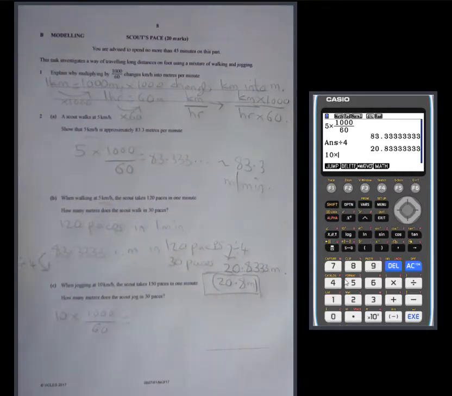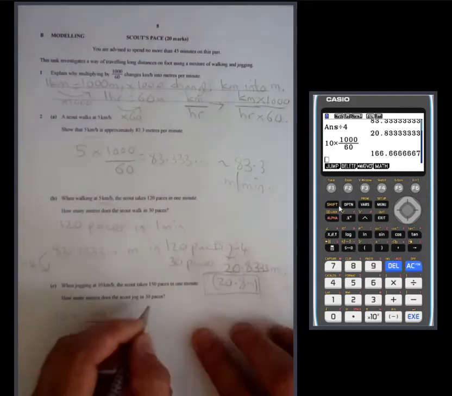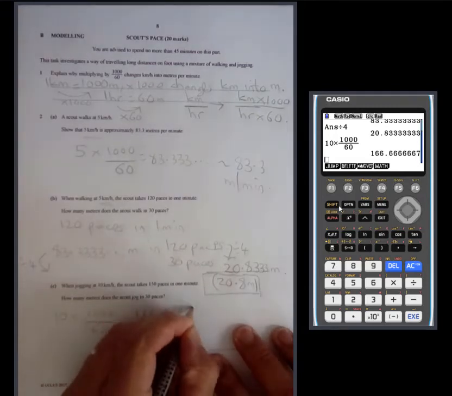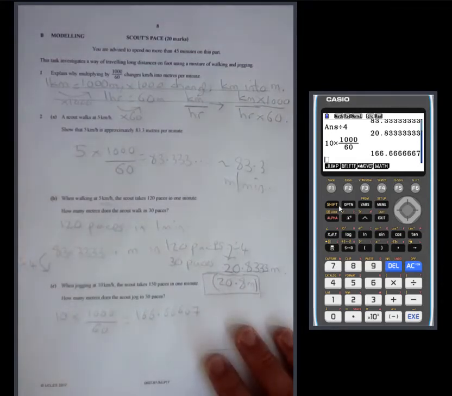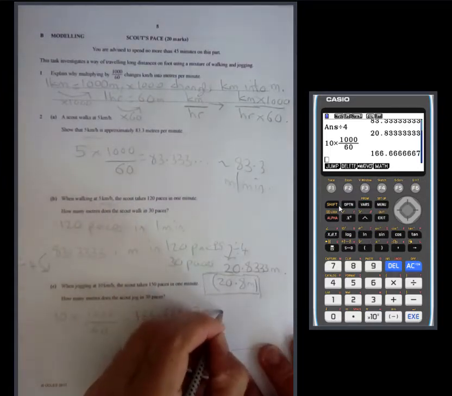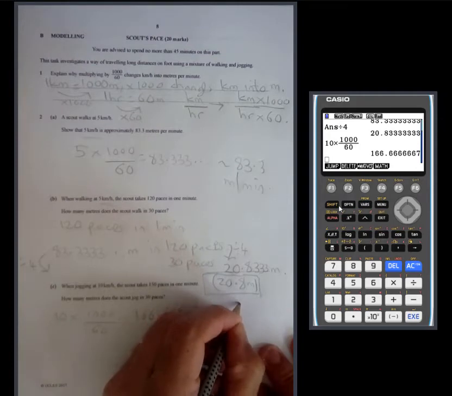10 times 1000 over 60 gives us an answer of 166.66667, and that is a speed in meters in 1 minute. So we've got 1 minute.